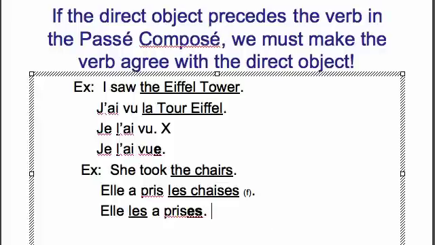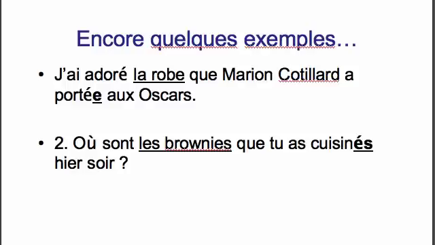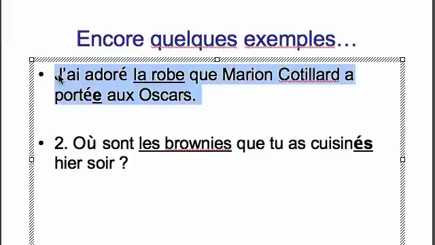Let's go on. A few more examples. Encore quelques exemples. J'ai adoré la robe que Marion Cotillard a portée aux Oscars. Okay, en anglais. I loved the dress that Marion Cotillard wore at the Oscars. Okay, so you ask yourself, what did I love? Oh, I loved the dress.